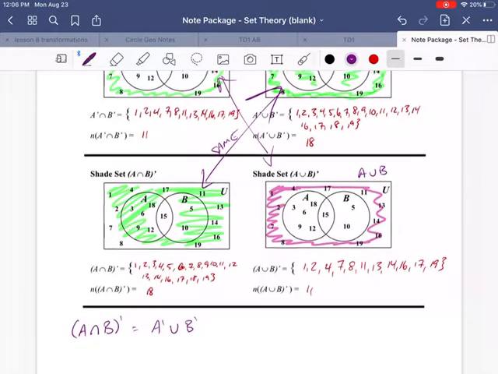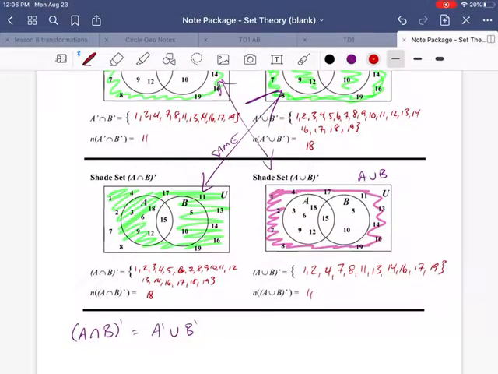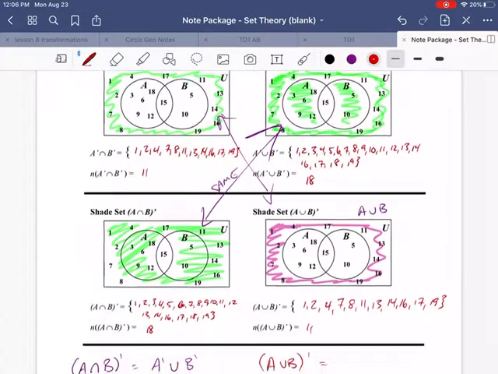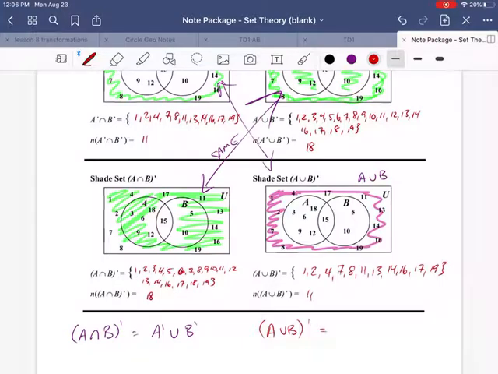So we can also note that the complement of A union B is equal to the complement of A and the complement of B.